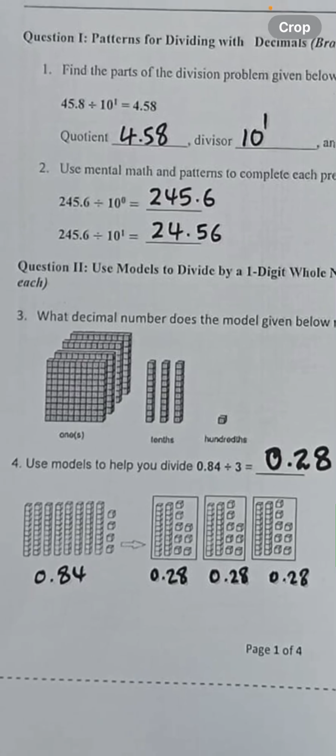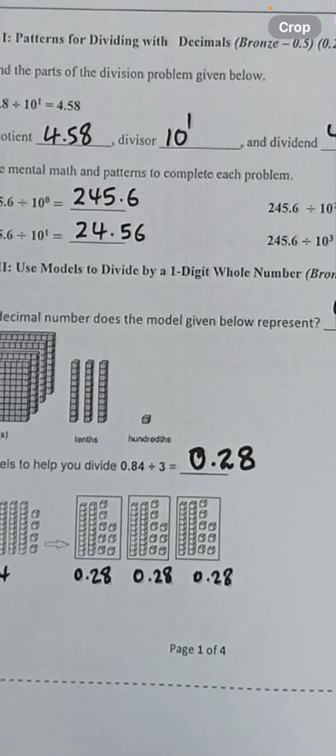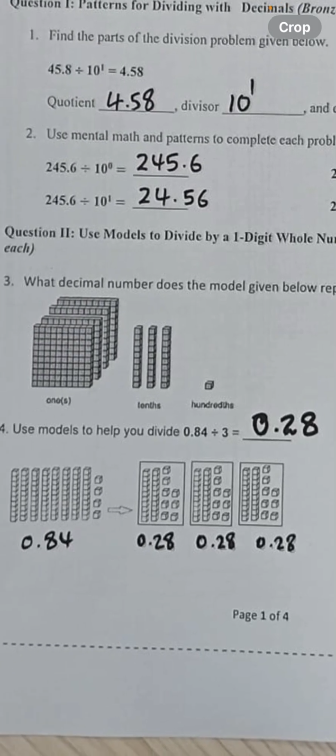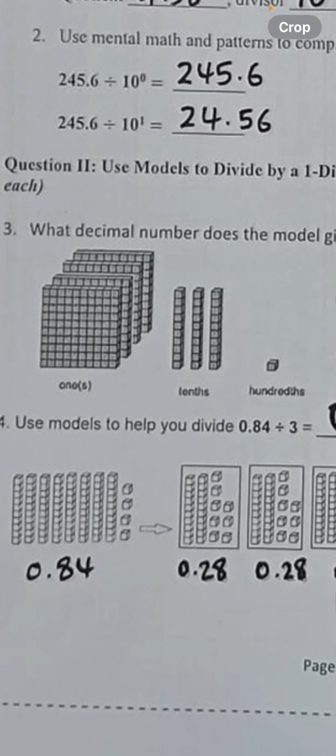What decimal number does the model given below represent? Here, as you can see, we have how many wholes? 1, 2, 3, 4 wholes. How many tenths? We have 3 tenths.